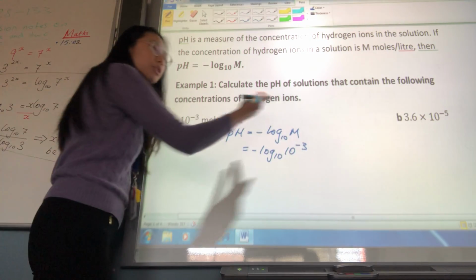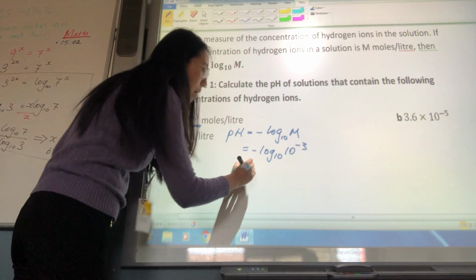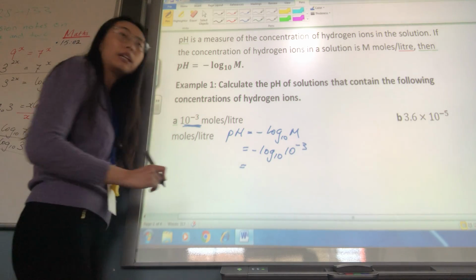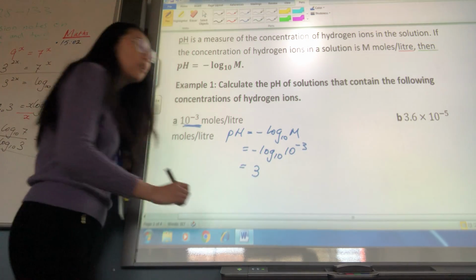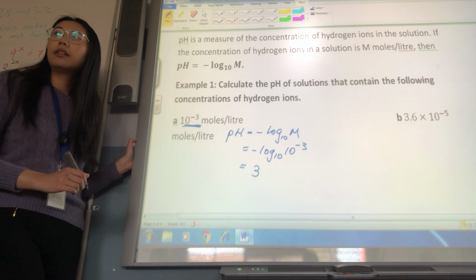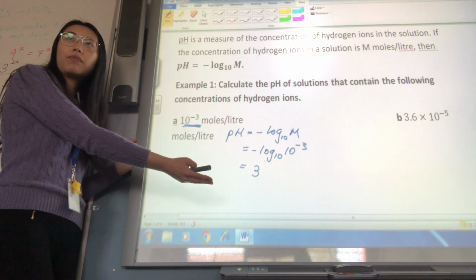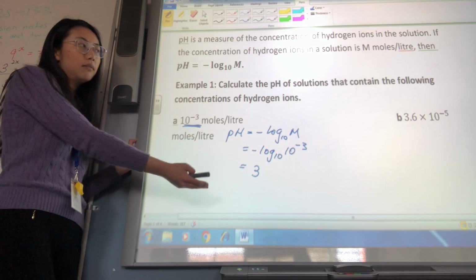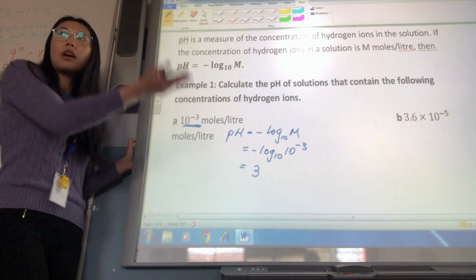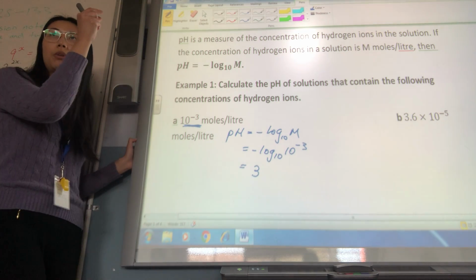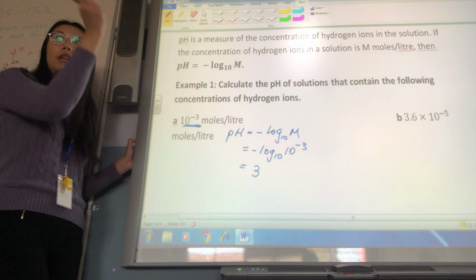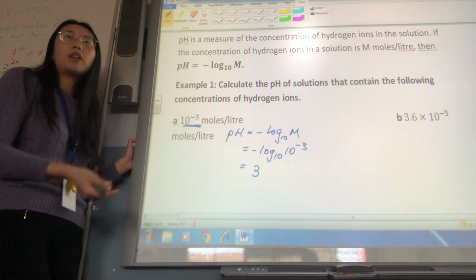Bring the power minus 3 to the front, and you have minus 3. So that's positive 3. So positive 3 times log 10 of 10, which is 1. This will give you that the pH value is 3, right? So this is how you calculate it. You basically just put this value into the formula, and then the pH value is right there.